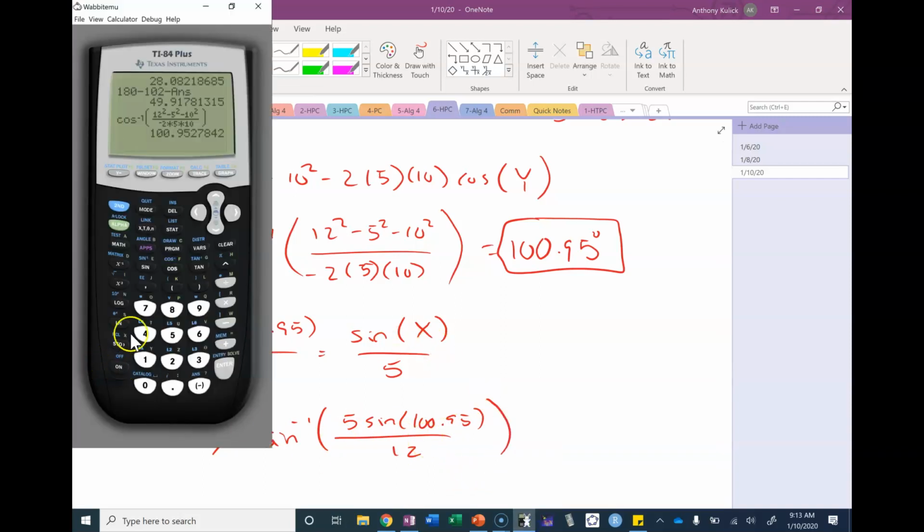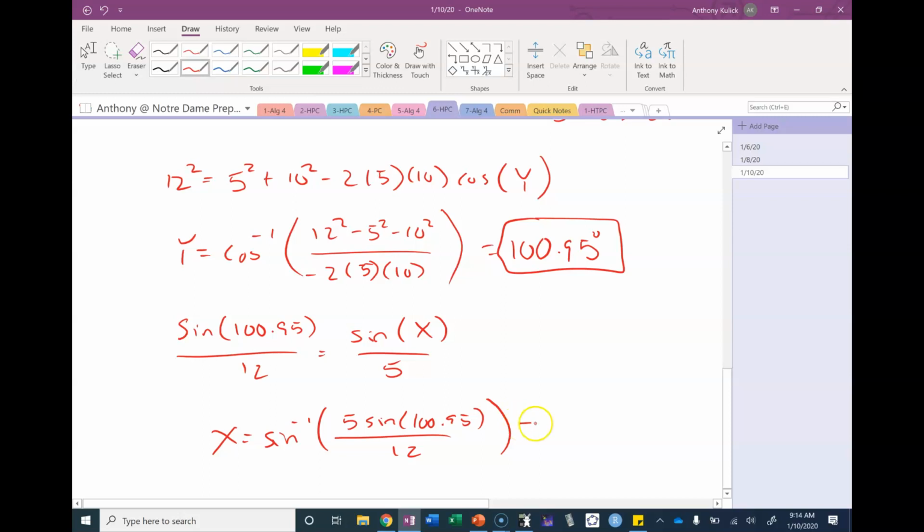And I'll go to my calculator. Again, I like to do the same thing, do it all in one piece. And I'm going to use the whole decimal for that 100.95 by using the answer command. And that gives me 24.15.